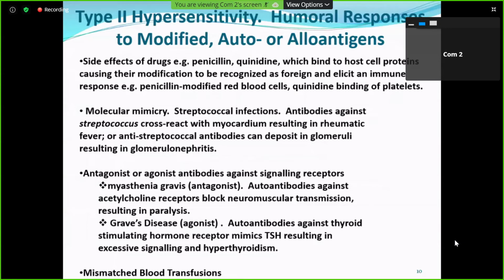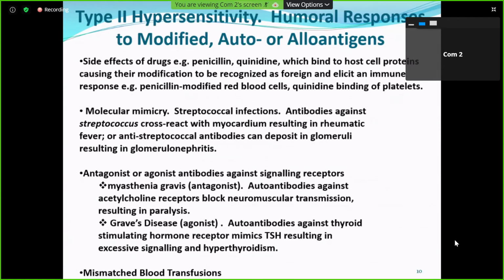And this can then kill or damage or destroy cells. And in this case, if they're blood vessels, they can damage the blood vessels. So this is one mechanism whereby you can get pathology.